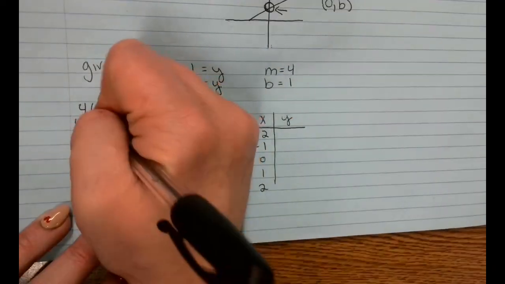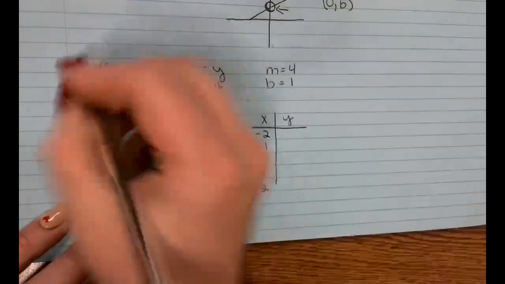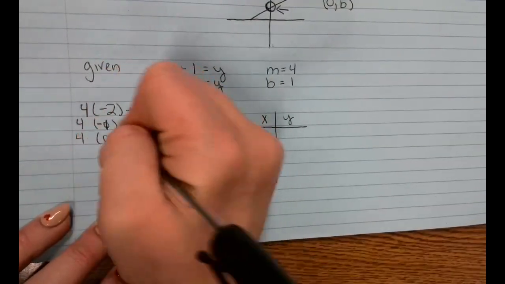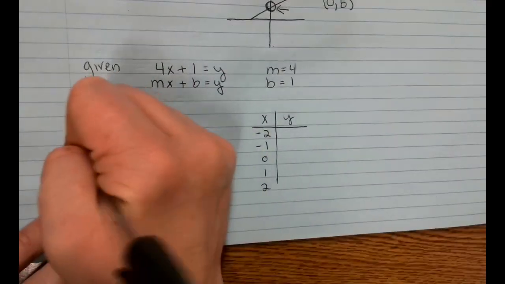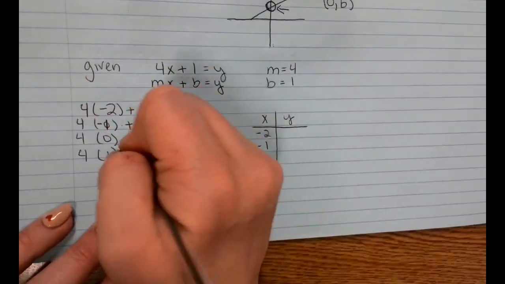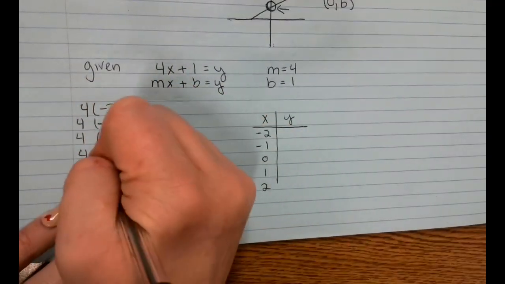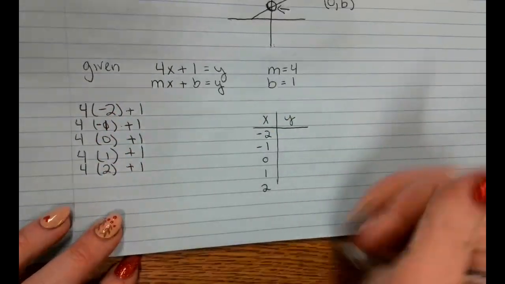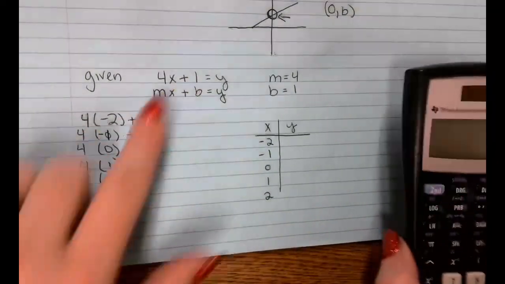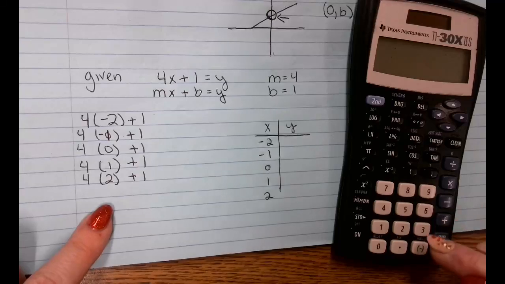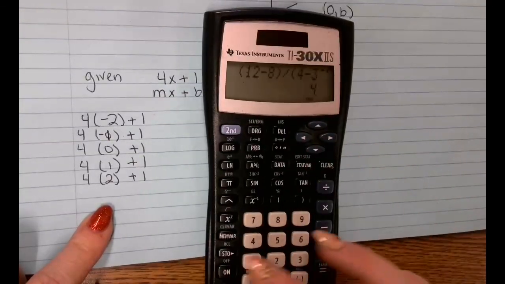I missed. It should be -1. That's okay. It's just a happy accident. We like accidents because accidents help us learn. If we did everything correct all the time, we'd never learn anything. So again, if I decide these are all my x's, then I plug them into my equation and get my y. And I'll just type that in my calculator.